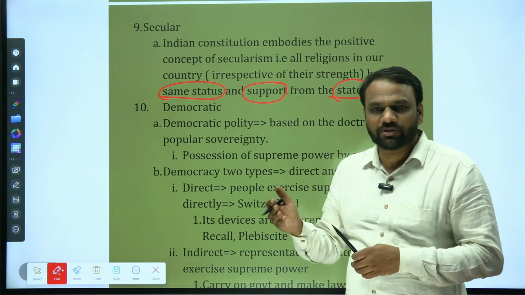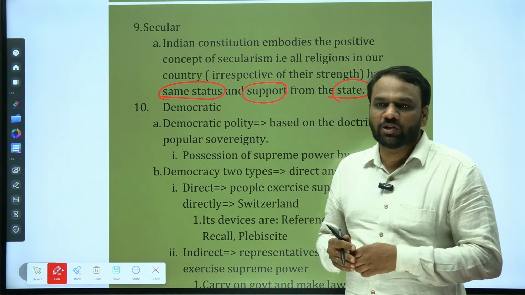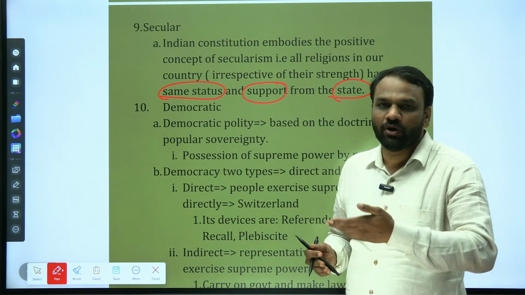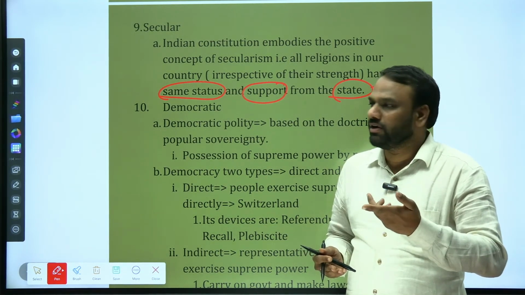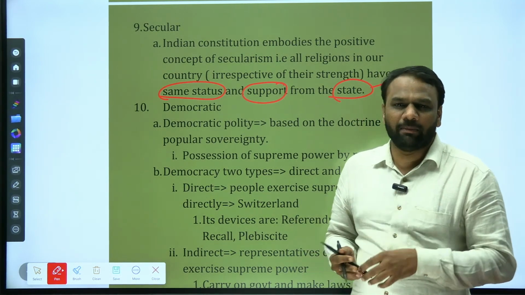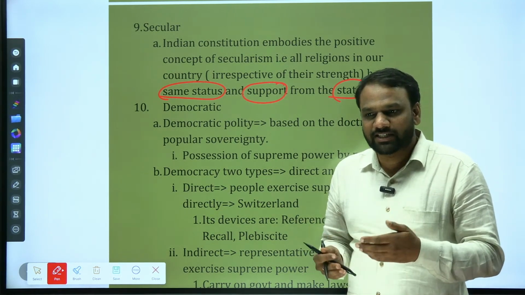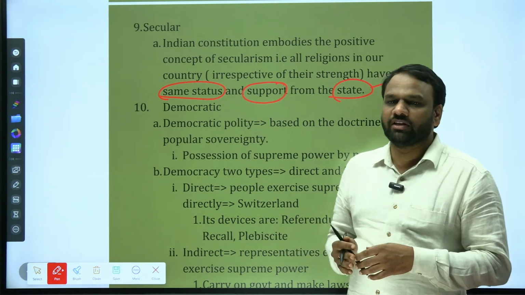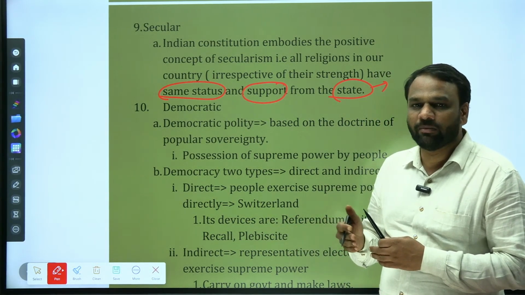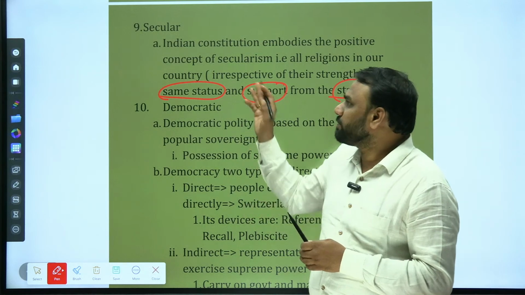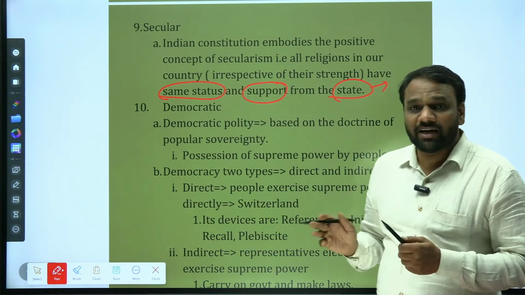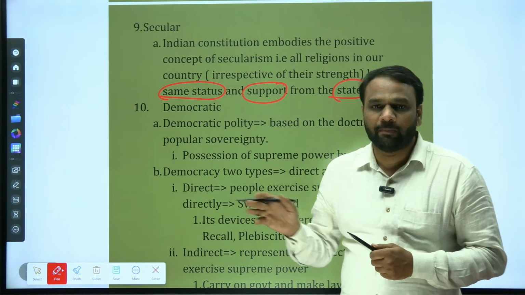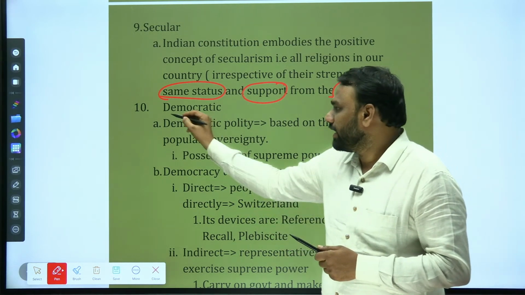The government supports the building of temples, and at the same time it helps Muslims with pilgrimage when they are going to Makkah and Medina. In this fashion it extends support to different faiths. So it maintains equidistance from all the faiths. This is the positive concept of secularism. Such questions do appear in both prelims as well as mains. Mains, very important.